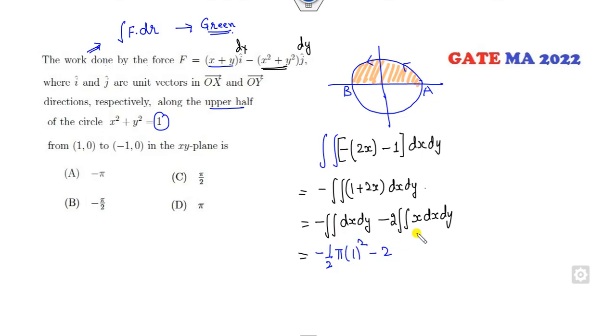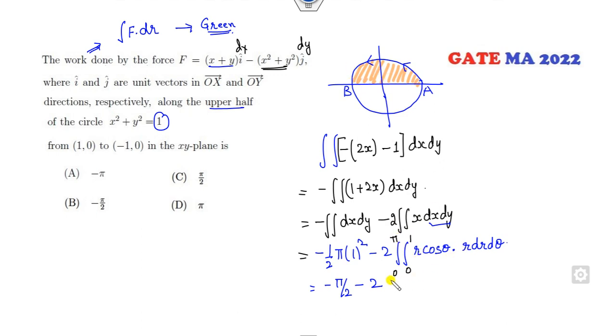Fine. Now for this case I can change into polar coordinates. So x is r cos theta, and dx dy is r dr d theta. So it is minus pi over 2 here. What are the limits? For the circle the radius is 0 to 1, and the angle is 0 to pi because of only the hemisphere.